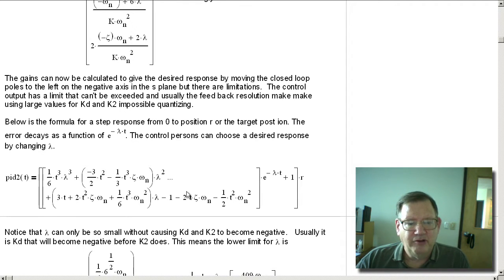This part just determines the ramp, the curve, and how it's going to decay. And the significant thing here is that there's no sines or cosines in here, so that means there's no oscillations.